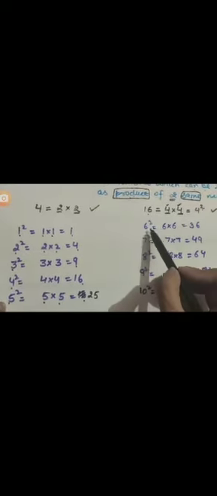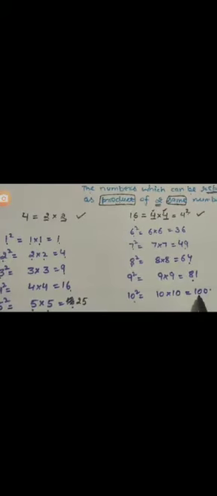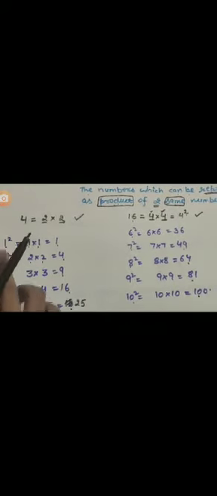Now 6 square will be 36, 7 square will be 49, 8 square will be 64, 9 square will be 81, and 10 square will be 100. So these are the squares of the numbers from 1 to 10, and the definition of a perfect square is the numbers which can be represented as the product of two same numbers.